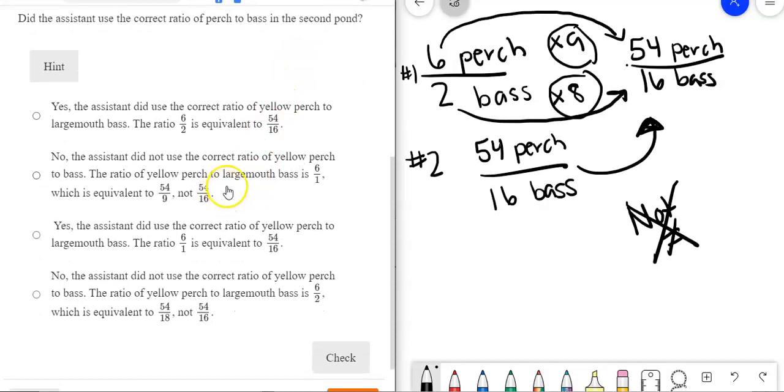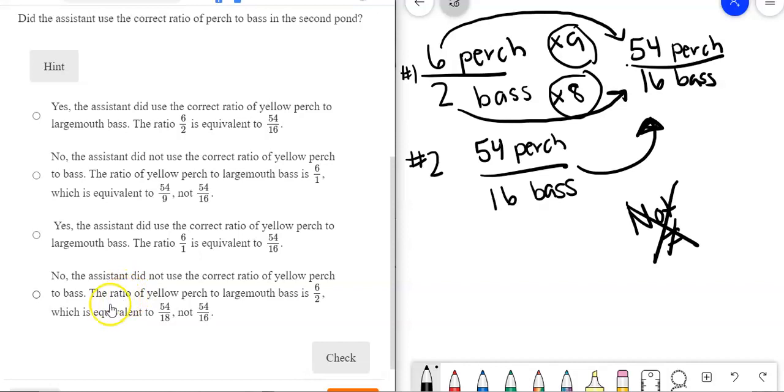So we got it down to no, not equivalent. And it said no, they did not use the correct ratio. We have to figure out which one it is.